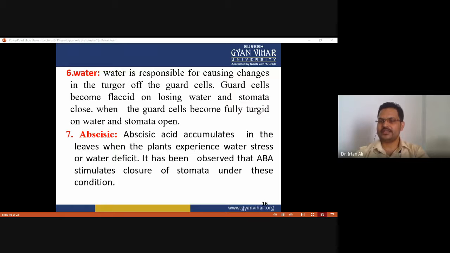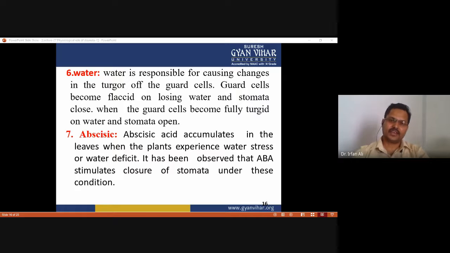So obviously it totally depends on the water inflow or outflow from the guard cell. When the guard cell becomes fully turgid with water, it leads to opening of stomata. When the water flows out from the guard cell, it becomes flaccid and it leads to the closing of the stomata. So obviously water affects the closing and opening of the stomata.